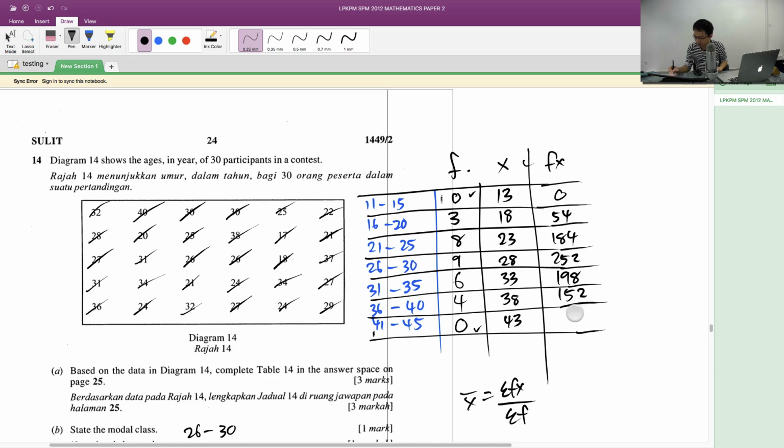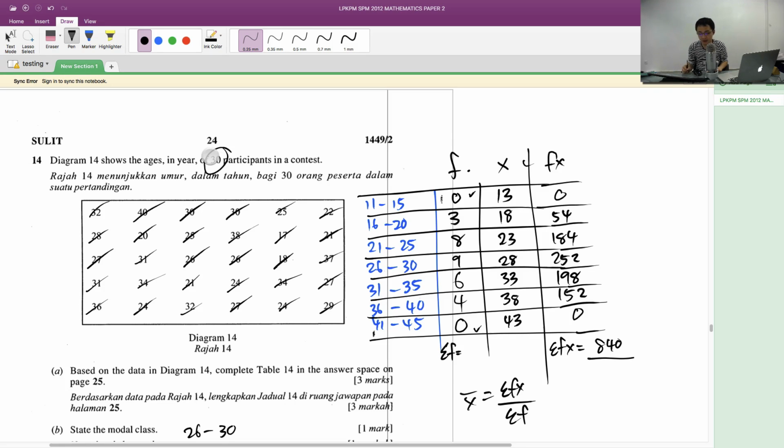And 43 multiply 0 is 0. So all the fx I sum together: 54 plus 184 plus 252 plus 198 plus 152. I get 840.